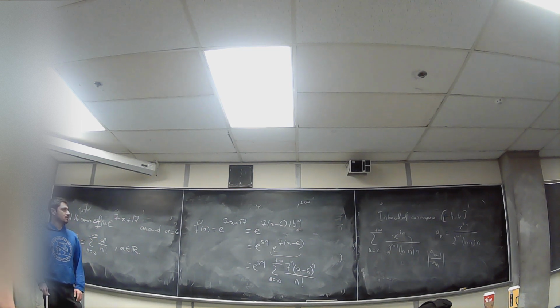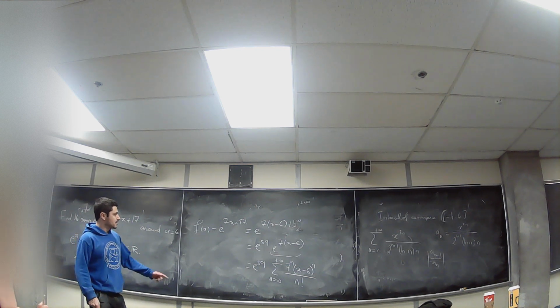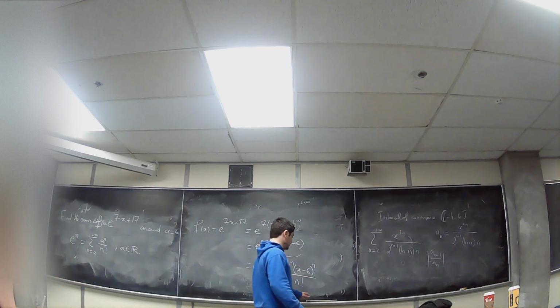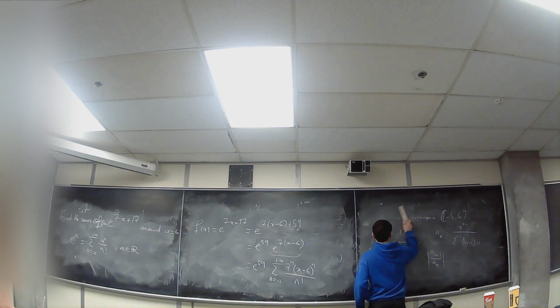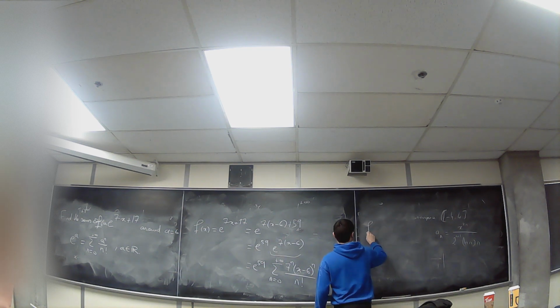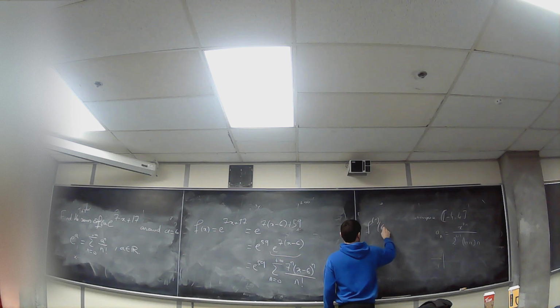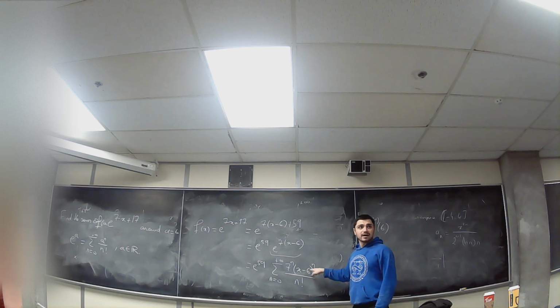Now let's see, what's the second derivative of f of x at 6? f double prime at 6 is equal to what? Replace n by 6. Exactly. So I look at the coefficient of x minus 6 squared.